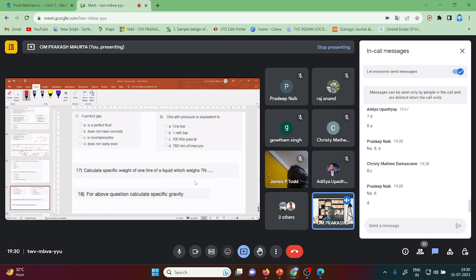Question number 17. Specific weight, that is the rho. Volume is given.